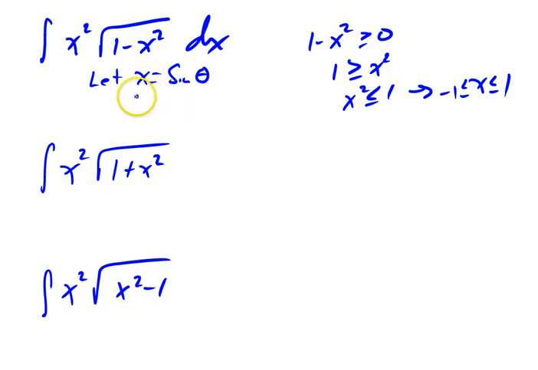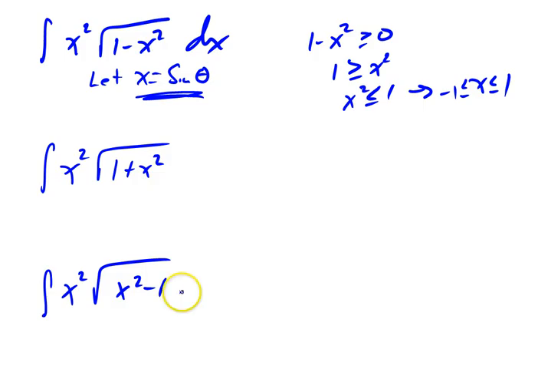So the notion of letting x equal sine theta is actually not a bad idea, because the function itself has its own restrictions. It has a domain of x is going to be between minus 1 and plus 1. So hey, x equals sine theta is probably a good thing to do.